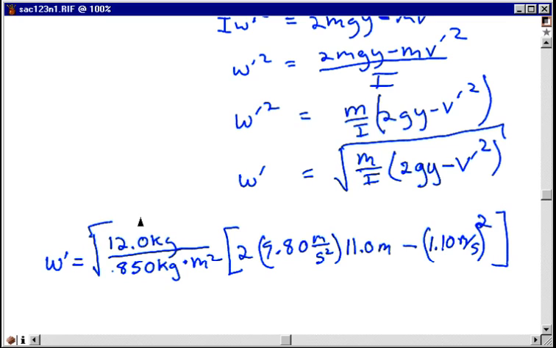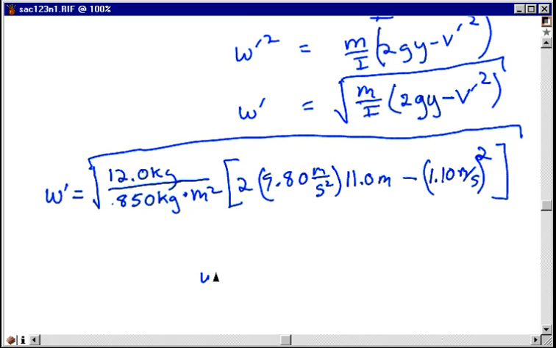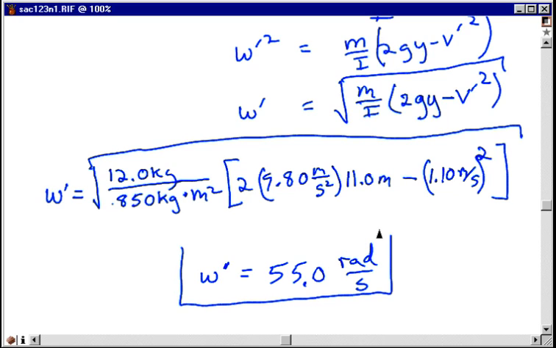And taking the square root of all of that, that evaluates to 55.0 radians per second. That's our answer.